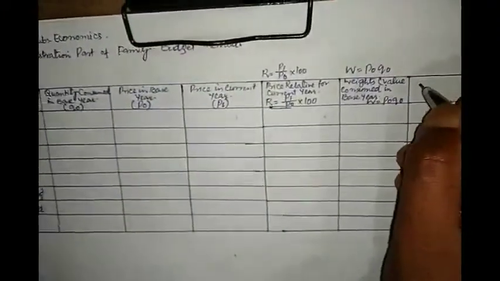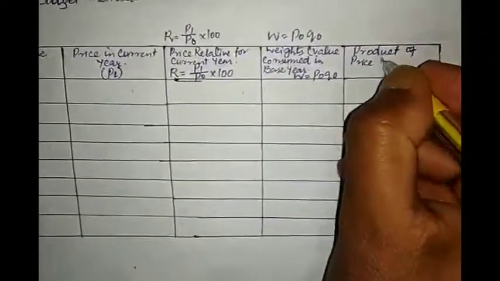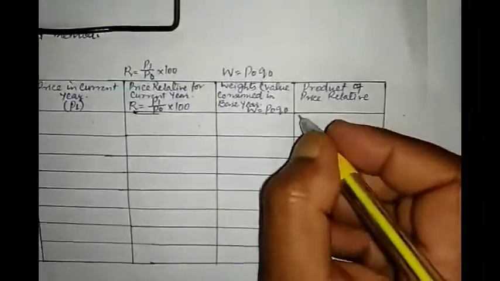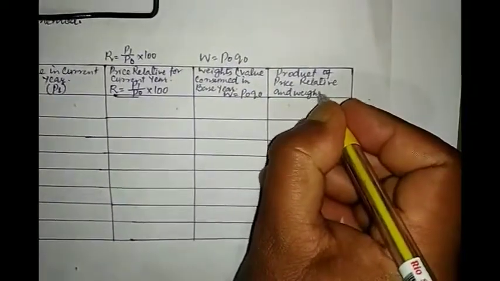Product of price relative and weight, that is equal to RW.